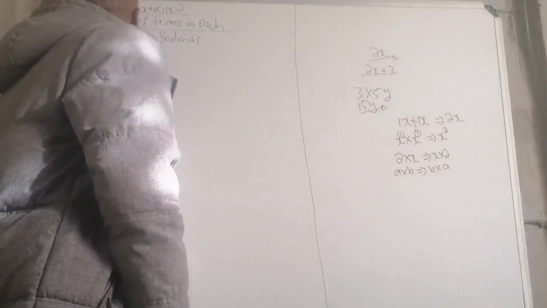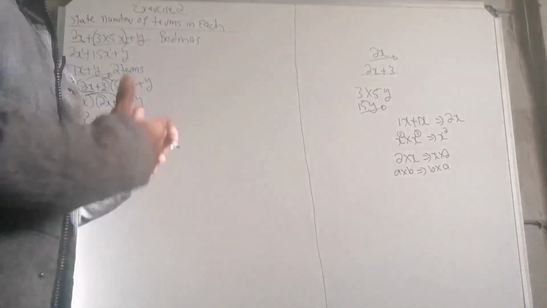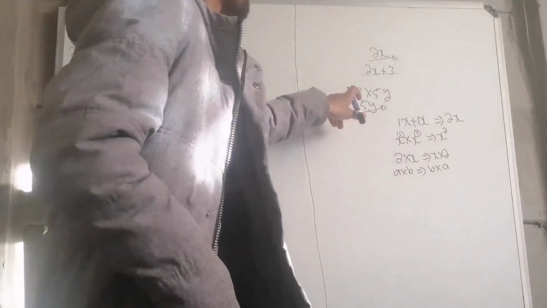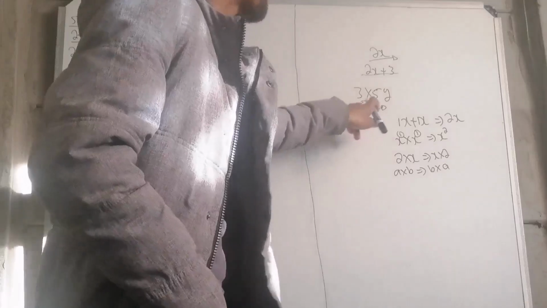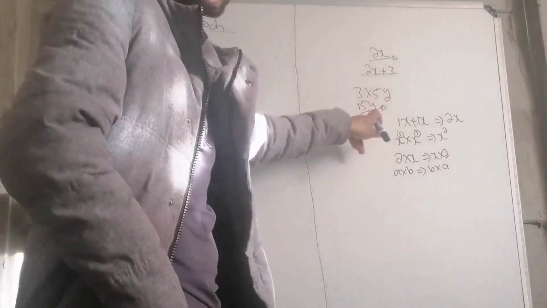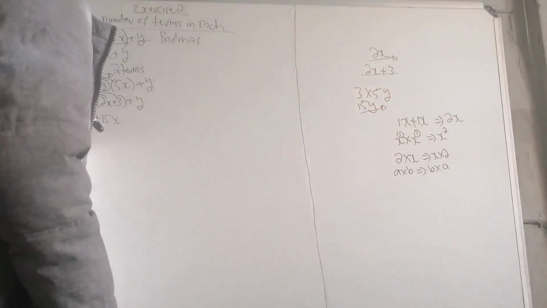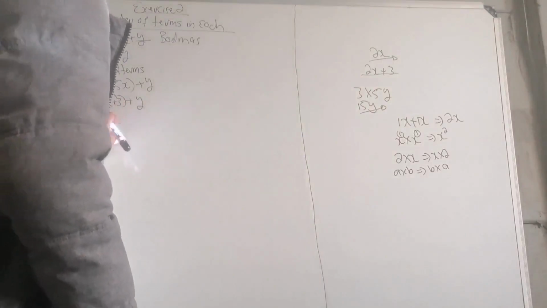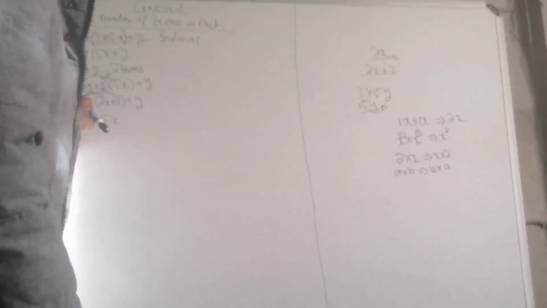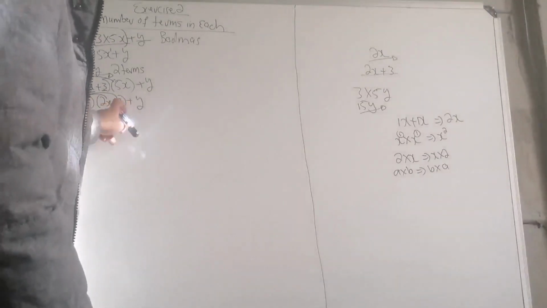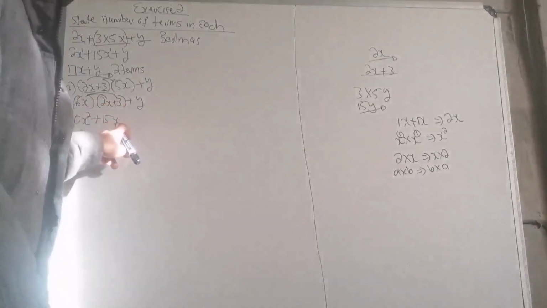Then you leave your x. It's like 3 times 5y: 3 times 5 is 15, then you write your y. The same: 5 times 3 is 15, but you still have x. So 5x multiplied by 3 is 15x.